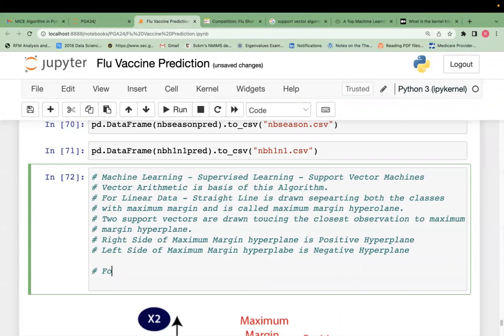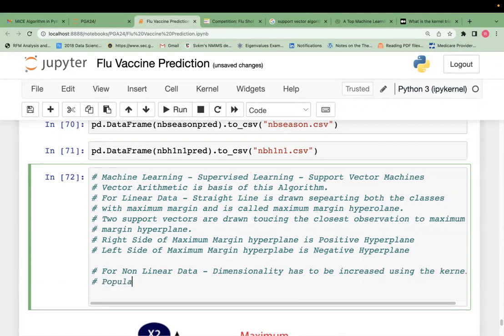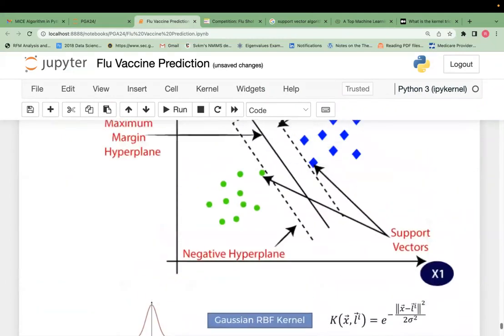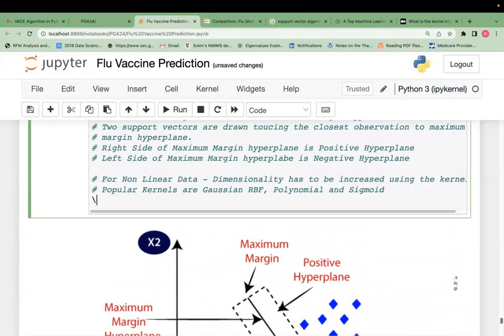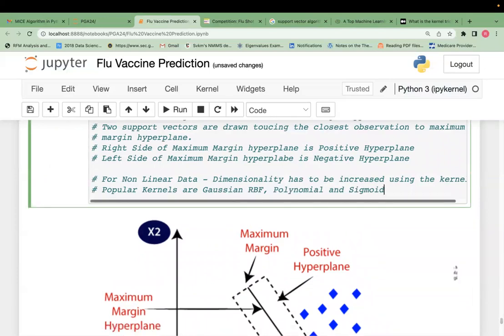For non-linear data, you convert the data into the higher dimension using the popular polynomial and Gaussian RBF kernels. By default it is RBF, in Python and R. And remember, real-time data is always non-linear in nature. Linear data is hypothetical. Linearity of data is a hypothetical situation.